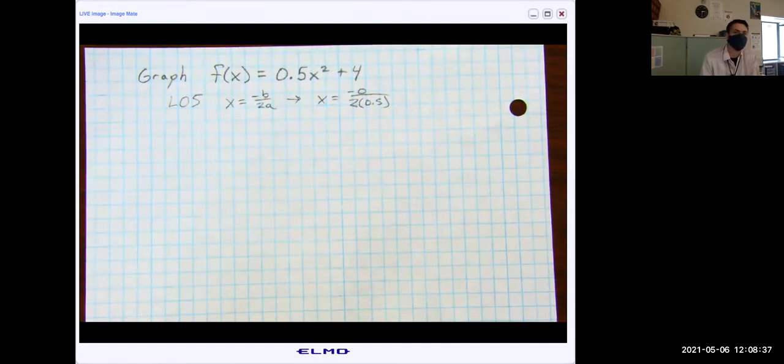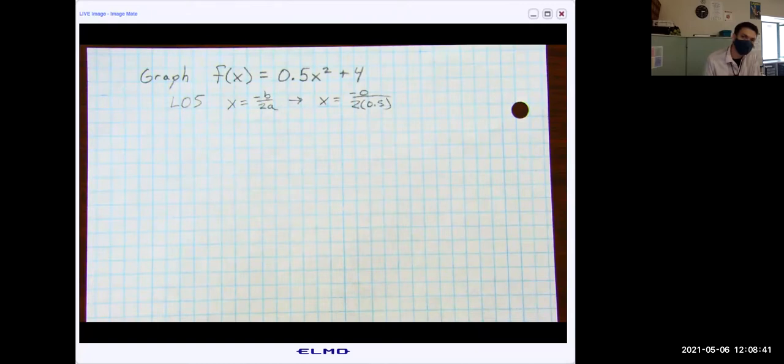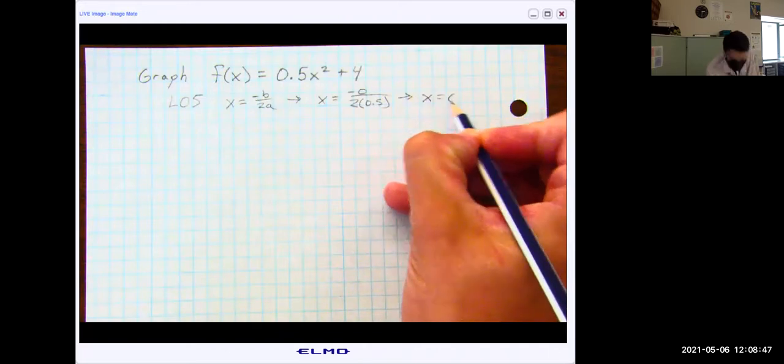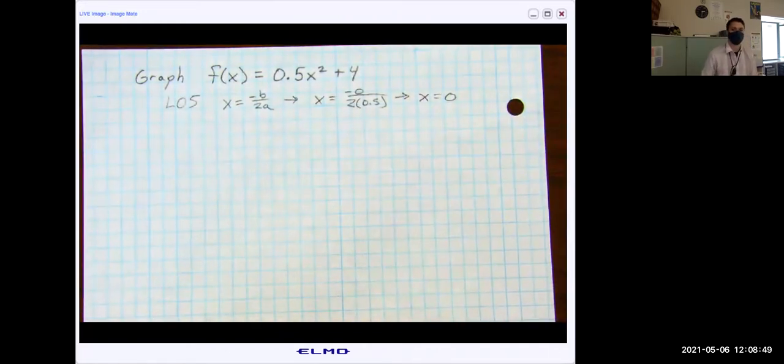Yeah. So we always do the checklist first. Since the 0 is in the numerator, that just means our line of symmetry is x equals 0. Can someone online tell me what we do now?